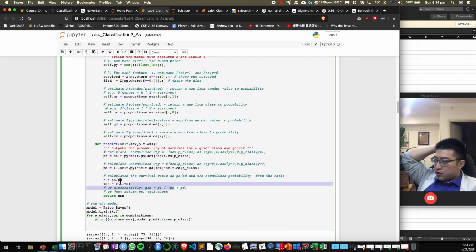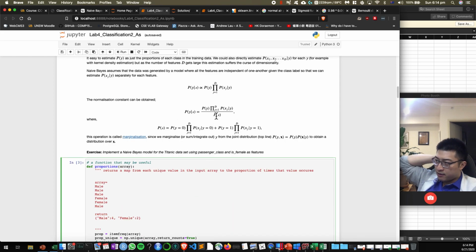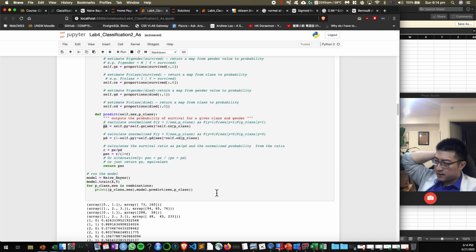Now, this is just playing around with odds ratios and stuff, but effectively, all you need to return is the probability. You want to return this, scaled by what's at the bottom, the probability of seeing all the x's. And that's what this will return here.